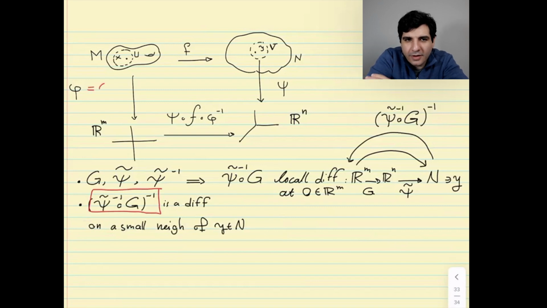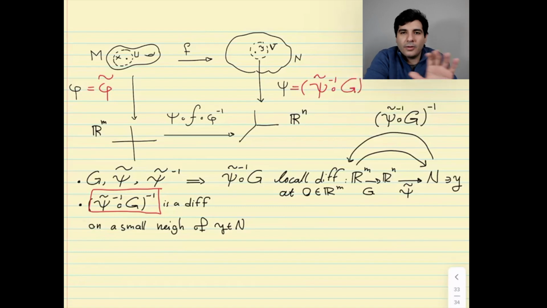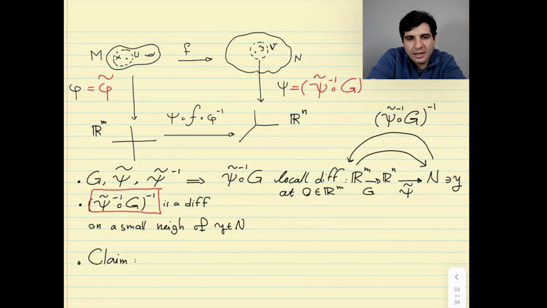So the phi we define is the same as phi tilde. We are not going to change phi tilde at all, but the psi we are going to choose is psi tilde inverse OG, the whole thing inverse. So the claim is that these two coordinate maps, these two charts, give us the canonical map.